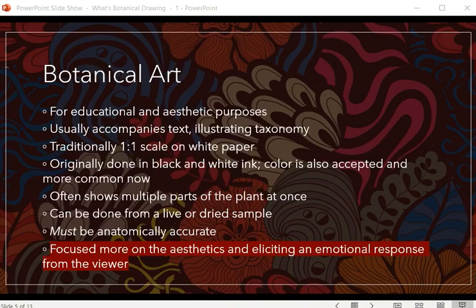The 1:1 scale, the medium, showing as much of the plant as possible, and the accuracy. This is why it's a bit of a spectrum, because depending on how pretty your drawing is, it might look more like botanical art or more like botanical illustration. It's pretty subjective.